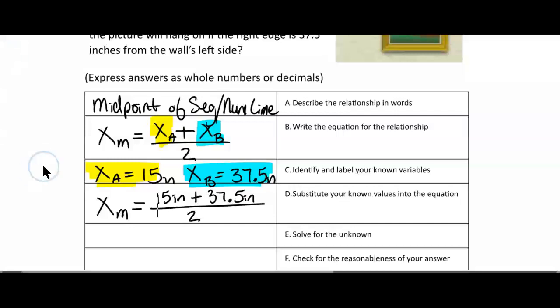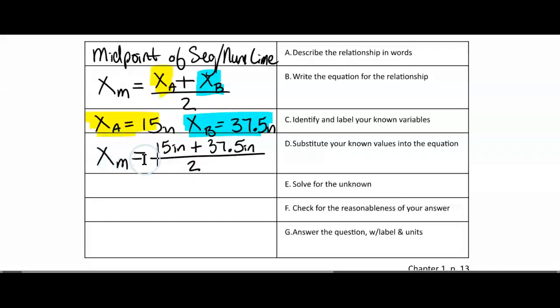In this case, I already have my unknown solved for, and all I have left is to simplify. But we'll see in a later objective 4, sometimes we know the midpoint and one endpoint, and we're trying to find the other endpoint. And so we need to solve for that. In this case, there's just simplification to happen.